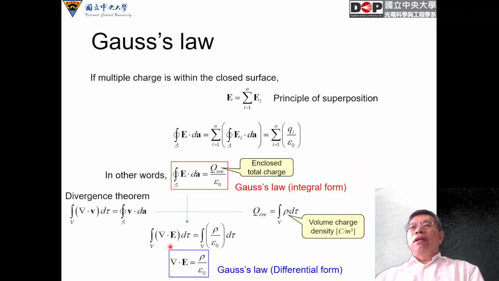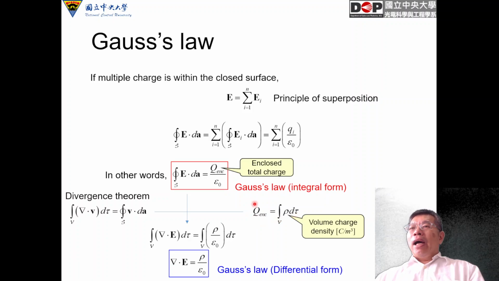Here we have the electric field. We write the electric field equal to the total charge. The total charge is actually the volume integral of the volume charge density through the volume containing the charge. So that will be the enclosed.